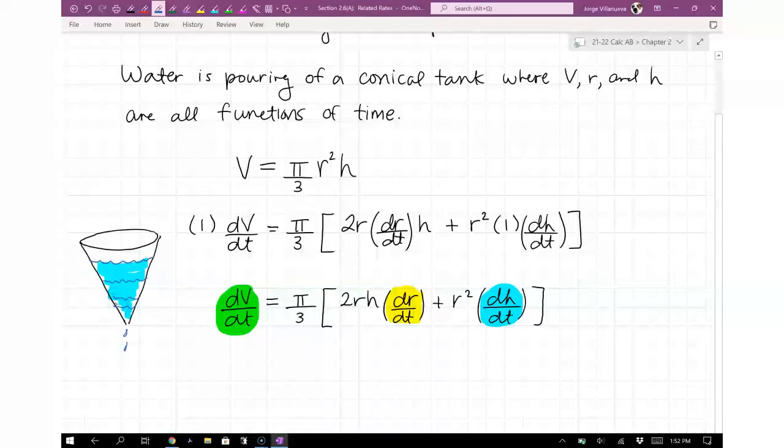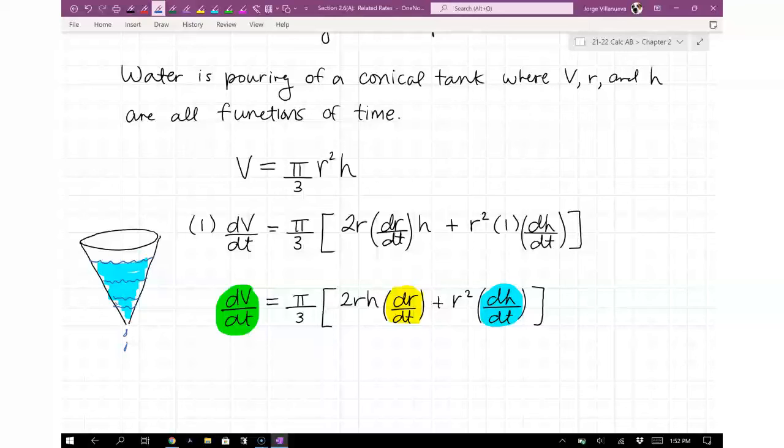And every second that the water keeps going down, our volume is changing, right? The height of the water is changing. The radius is getting smaller as it reaches the bottom of the cone, right? All these things are changing as time goes on.